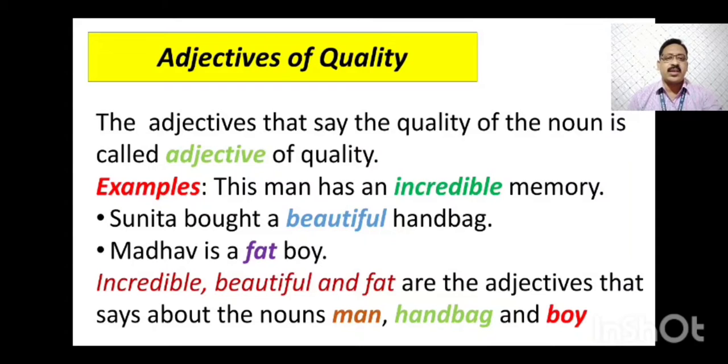So in these three sentences, incredible, beautiful and fat are the adjectives which say about the nouns man, handbag and boy. It is the overall idea I am giving you that any word which says something about the quality of the noun, we say it is an adjective of quality.